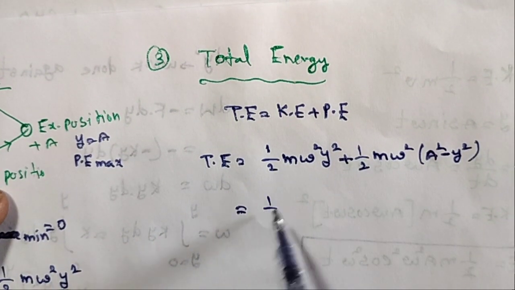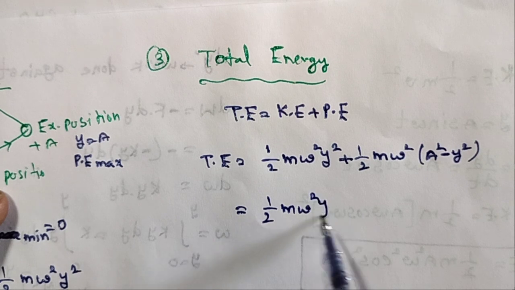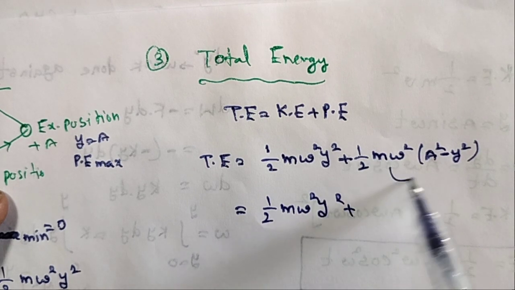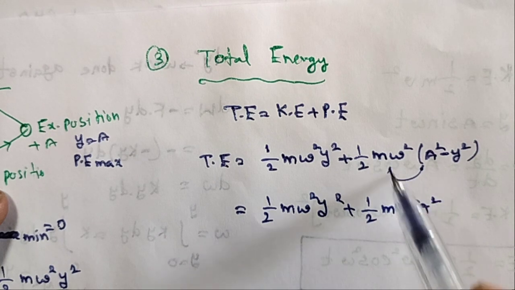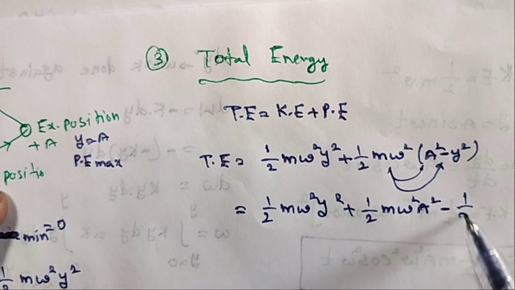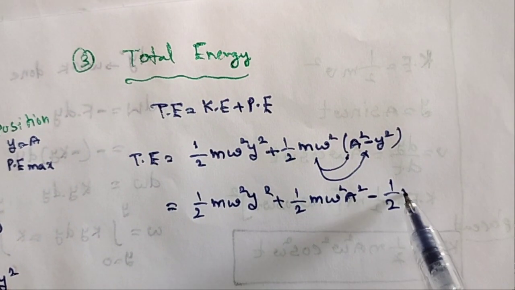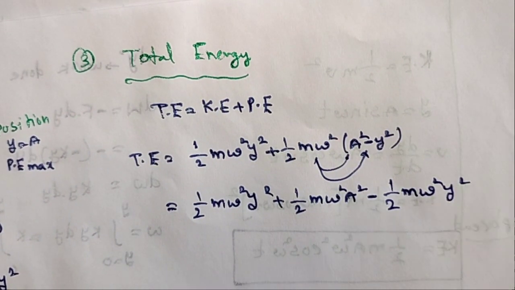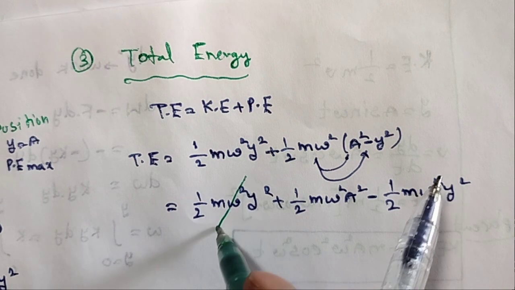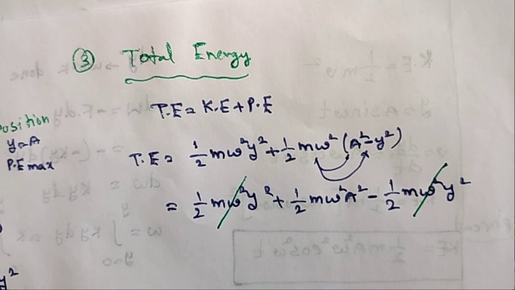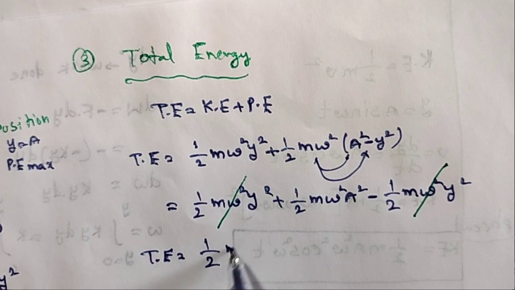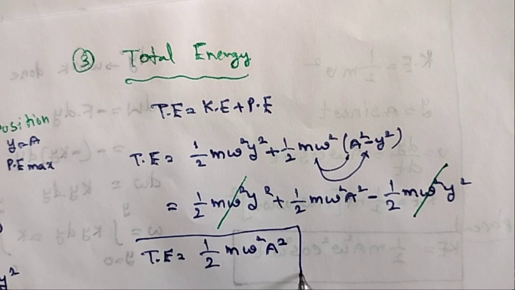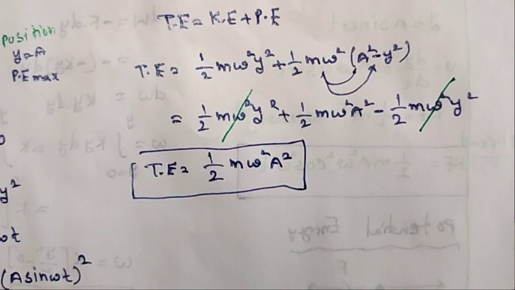Here, 1 by 2 m omega square a square plus, just you can multiply, minus 1 by 2 m omega square y square, plus 1 by 2 minus 1 by 2 cancel. So the total energy is equal to 1 by 2 m omega square a square. This is the total energy of the particle.